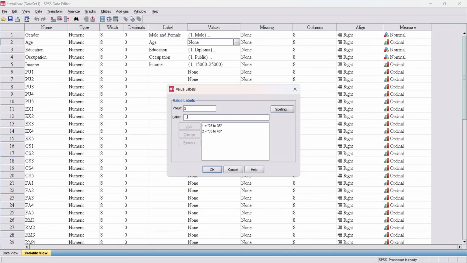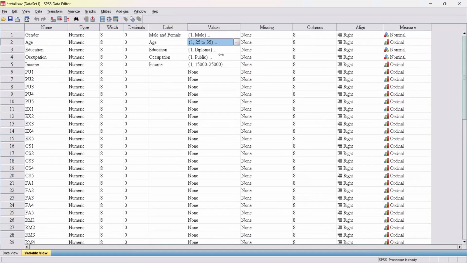The third one, the value should be 45 to 55. Now the fourth one should be 55 and above. Add, click on OK.